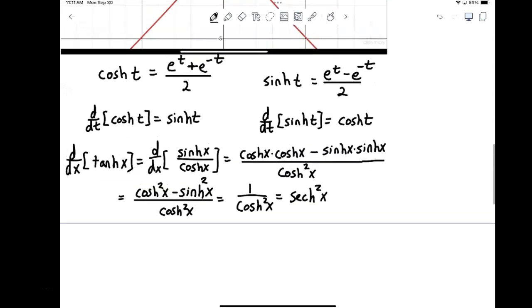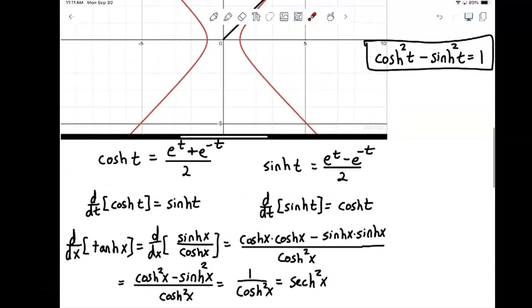And in a similar fashion, you can find the derivatives for the other 3 hyperbolic functions as well by using these 2 rules along with your primary rule here, that cosh squared minus sinh squared is 1.